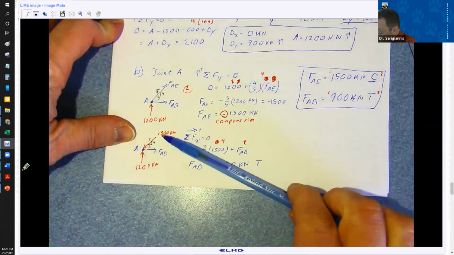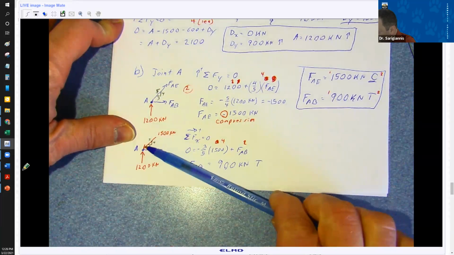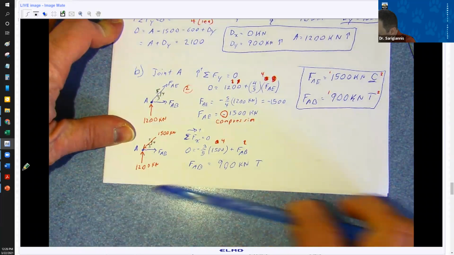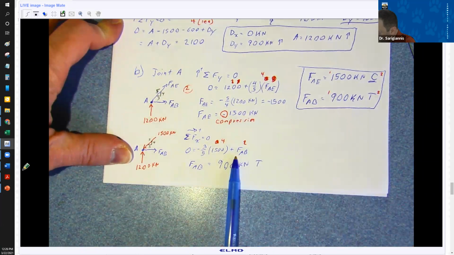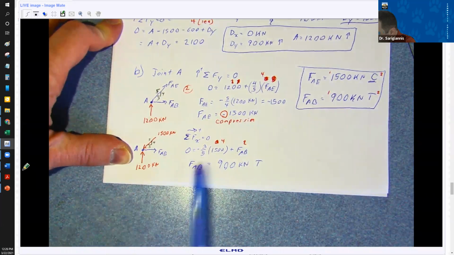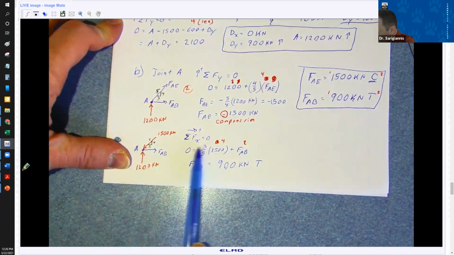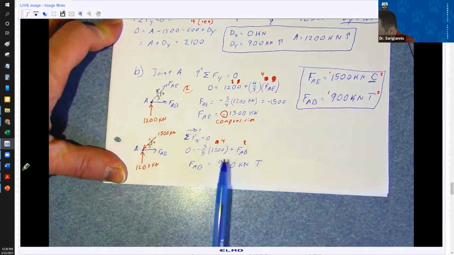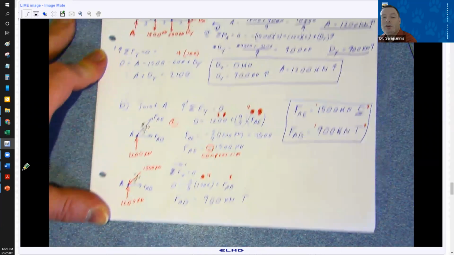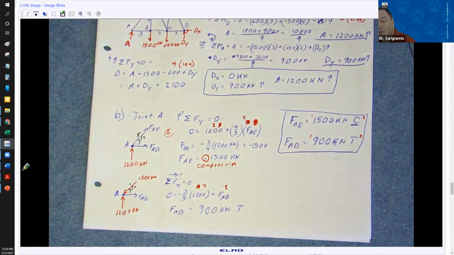Well, the x component of this 1,500 kilonewtons is 3/5 of the 1,500 in the negative x direction, plus the FAB. And because I've drawn this and I've treated it in the negative direction, right? I see FAB is 900 kilonewtons, and that's pointing to the right, so that is in tension. So that's how you do part B, method of joints.